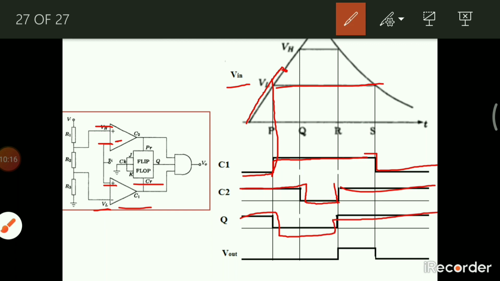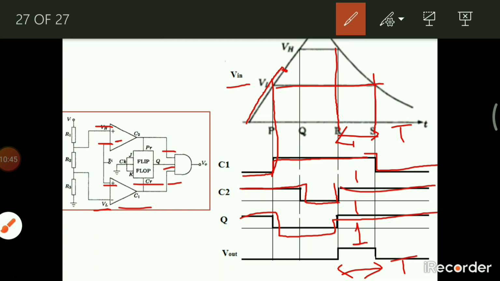If you see here, this is 1, this is 1 and this is 1. So these are given to the AND gate. When these three inputs are 1, at that time we will get an output of 1. This is nothing but the time interval between the R and S points. So here we will get the time interval T.